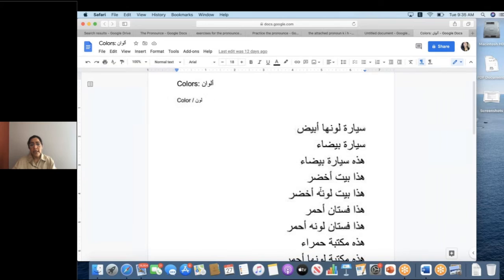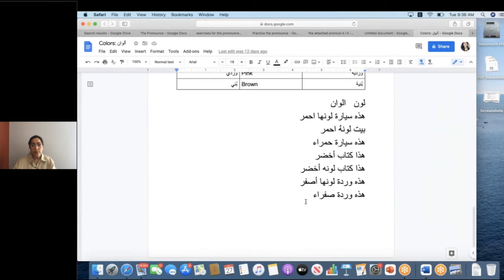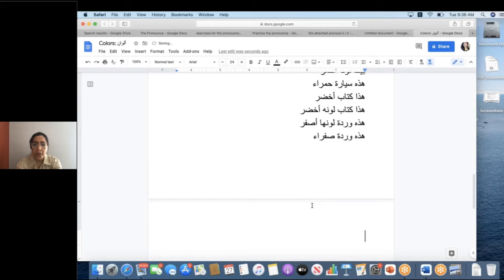So let's say, imagine I'll give you this word. What's going to make a difference, where the grammar wants you to listen, is when we use the word لون. Okay, so لون means color. So look at it, it doesn't have تاء مربوطة, so it is masculine.